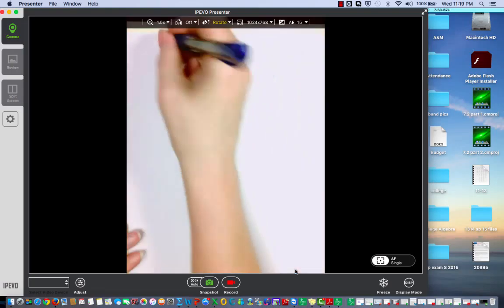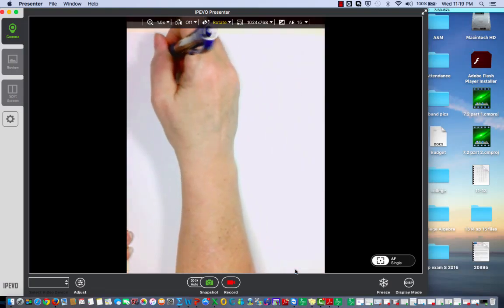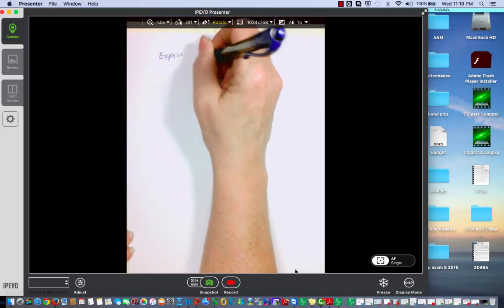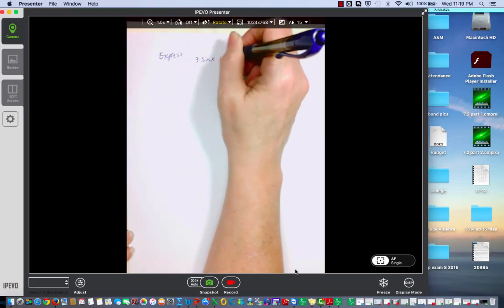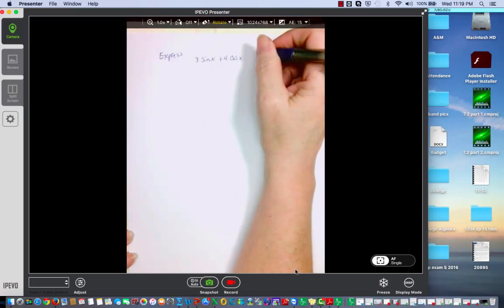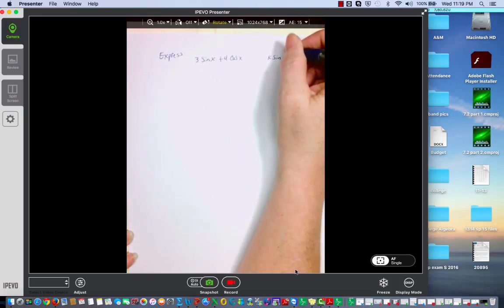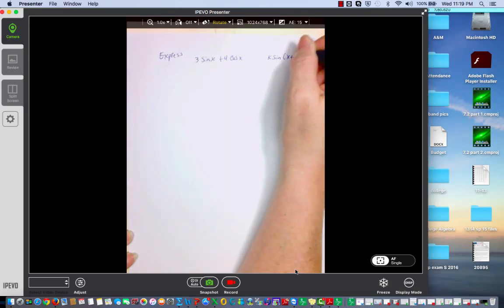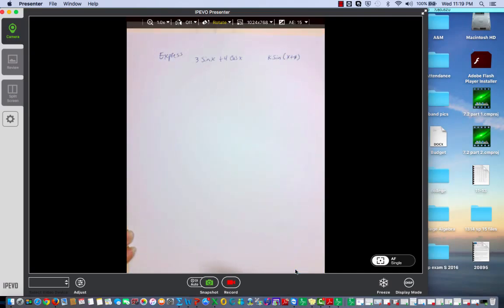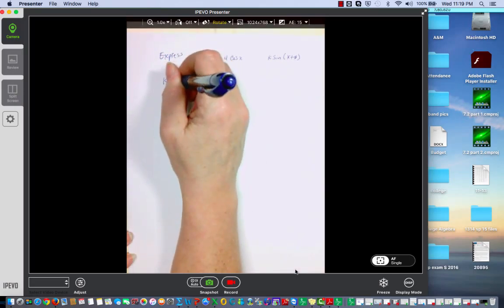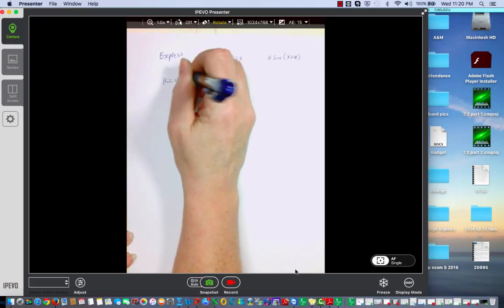So I'm going to switch pages here. So we are going to express 3 sine x plus 4 cosine x using that form of k sine x plus phi. All right, so to do k, we've got k is equal to the square root of a squared plus b squared.